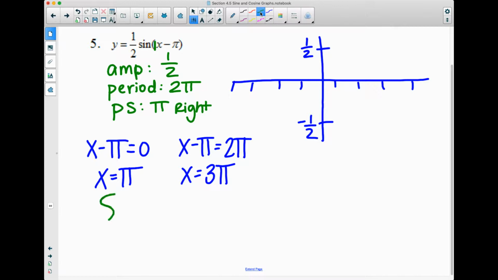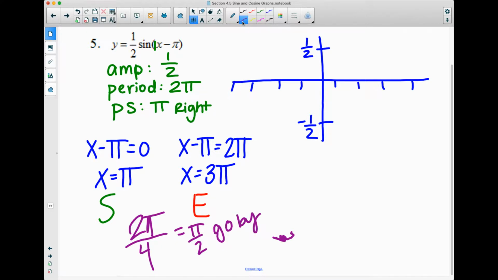This is where we start, and this is where we end. And then what we go by, we take the period and divide by 4. So we're going to go by pi over 2.